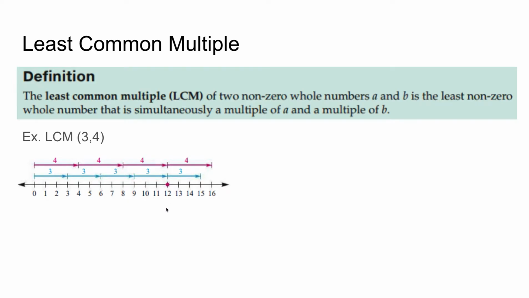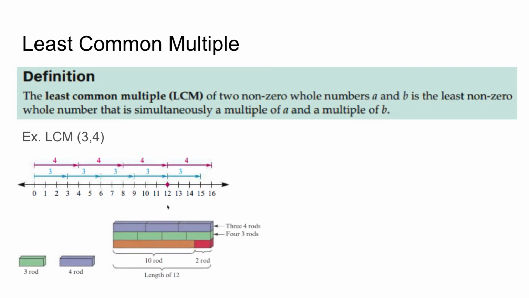So you can find the least common multiple using the number line like that. If we use a Cuisenaire rod, just like for common divisors, common factors, you can do that too. So you keep adding this green rod, right, to show the multiples of 3. So this is 3 times 1, 3 times 2, 3 times 3, 3 times 4, etc. You continue adding until you can find the common ends, so you can have exactly the same length there, right?